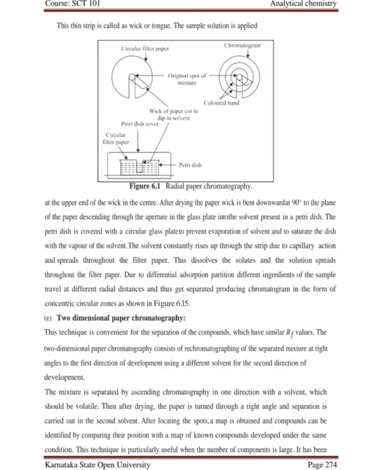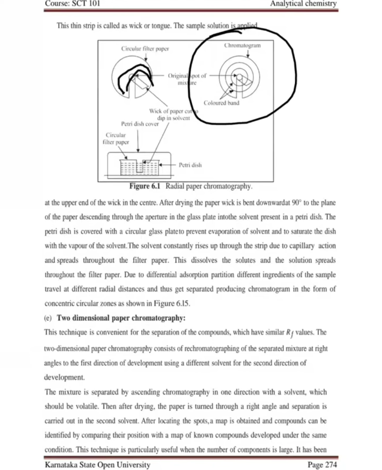Here we are going to use circular paper, which is cut in a circular shape, and some part of the paper is cut and immersed in this dish, petri dish or beaker, and the chromatogram is formed in a radial form, where we can observe different chromatograms.